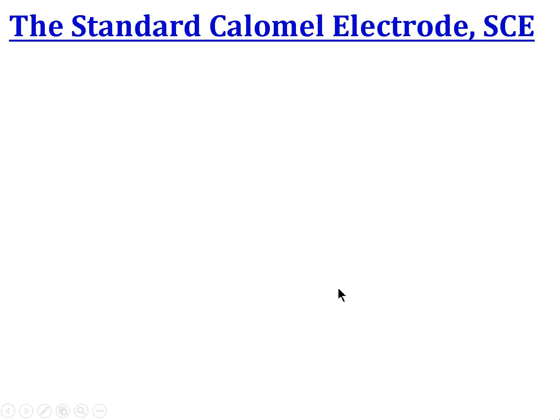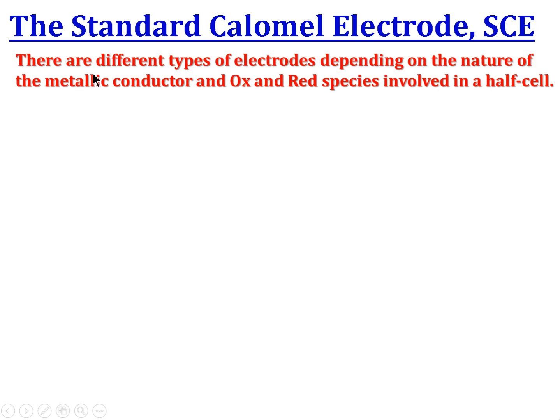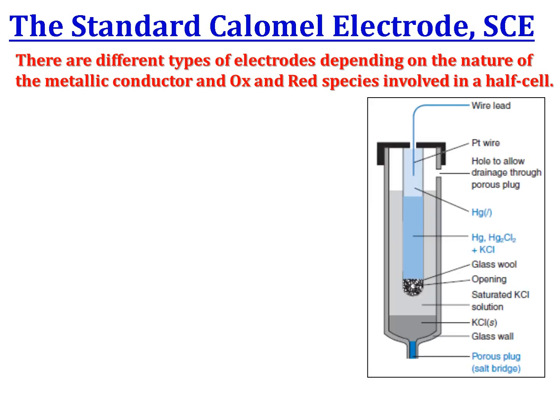The last slide is about the electrodes used in the potentiometer or in the redox titration. There are different types of electrodes depending on the nature of the metallic conductor and the oxidant and reductant species involved in the half cell.